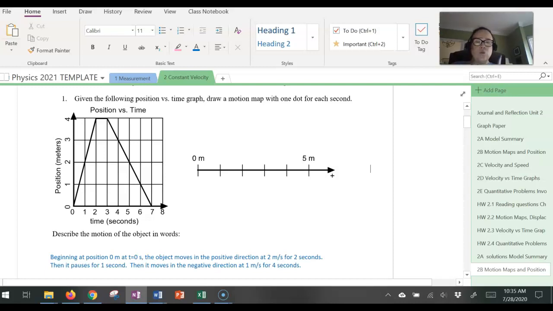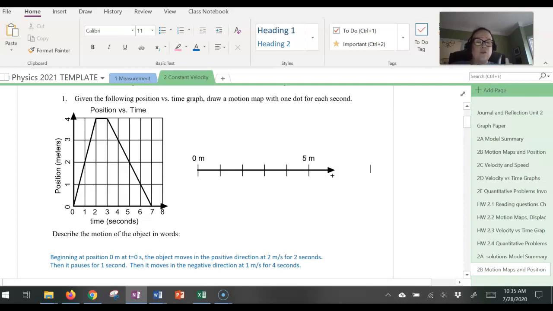Then you state 3 things about each part of the trip. First of all, what is the direction that it was moving? Second, what was the speed that it was moving at? And third, how long did it have that type of motion? So you'll see this pattern repeats for each part of the motion.